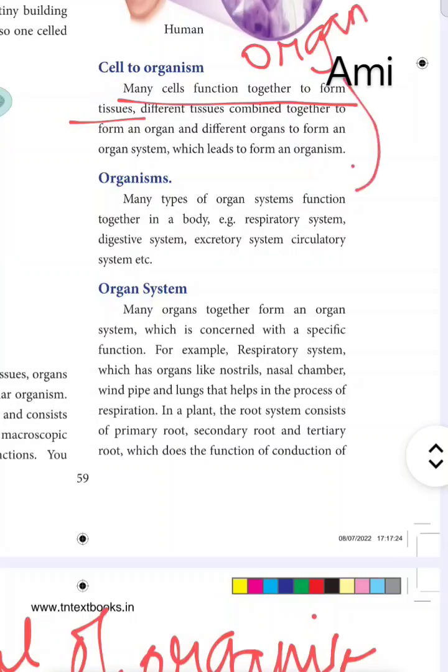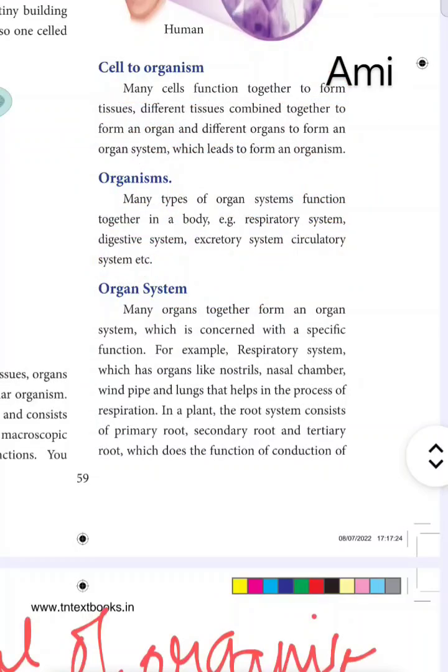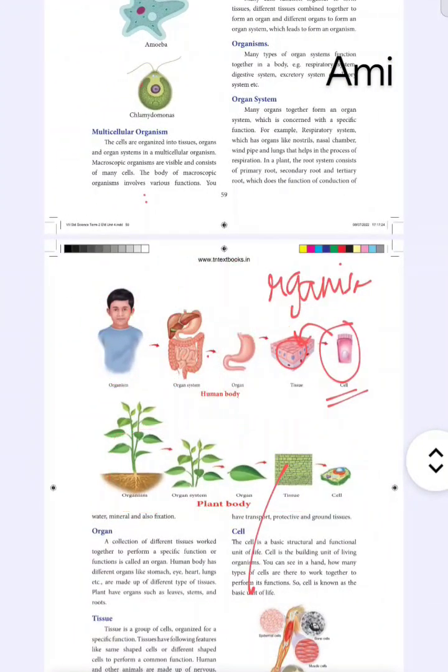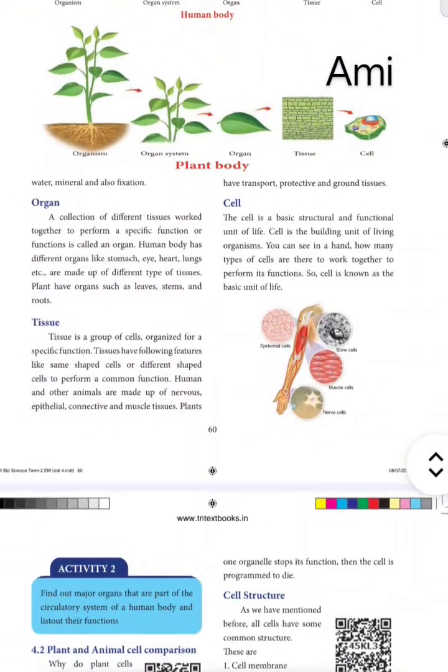A group of organs will combine to form an organ system like respiratory system, digestive system, excretory system, circulatory system. These systems will coordinate with each other to form a living organism. So this is how the multicellular organism exists, and this is the level of organization, how the cell will develop to an organism.